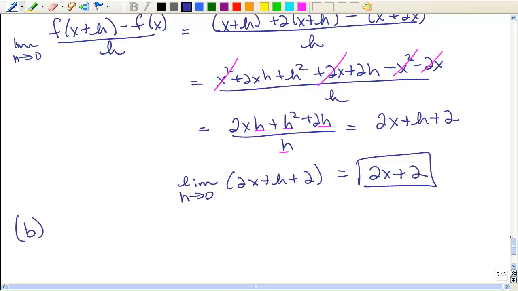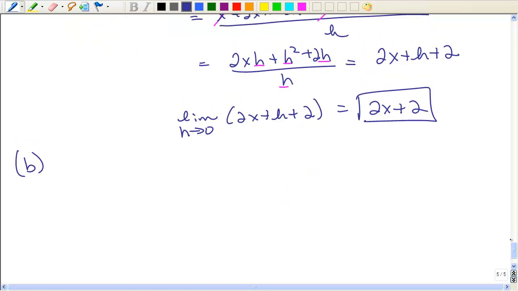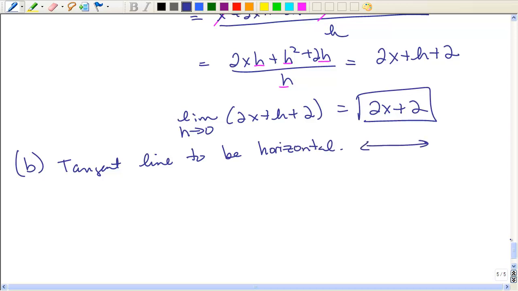Well now, what if I say to find the point on the graph where the tangent line to the curve is horizontal? I want the tangent line to be horizontal. Well, if you recall from that example previously, for a horizontal line, the slope is 0.